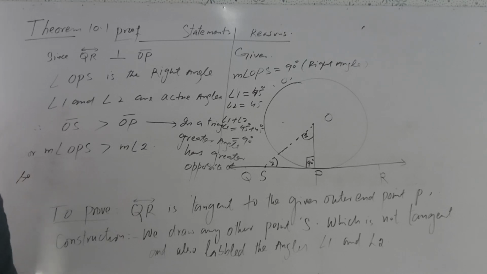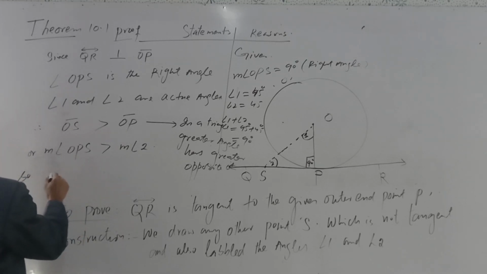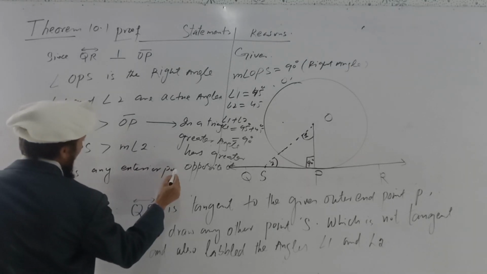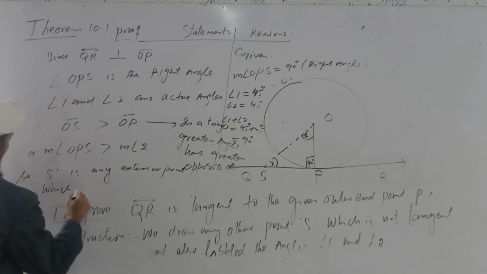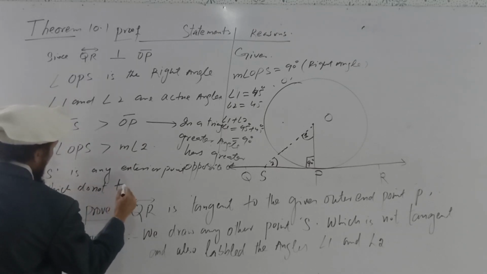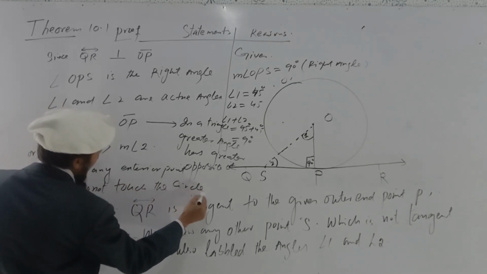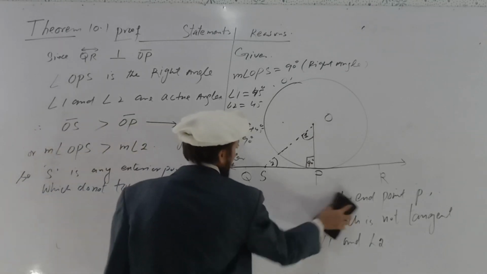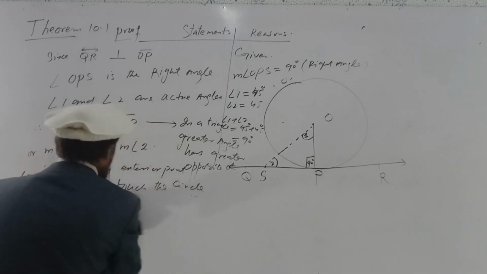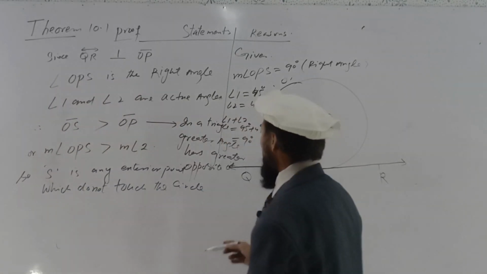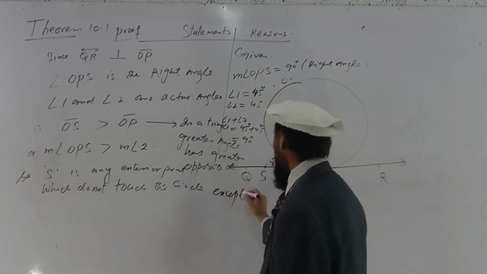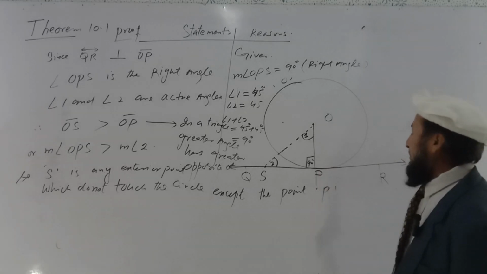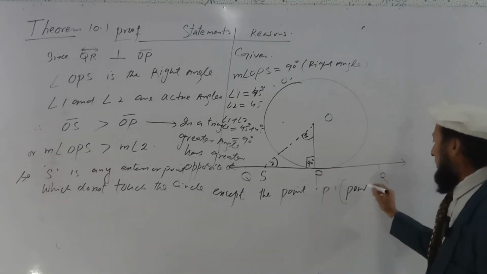So here S is any exterior point which does not touch the circle, except the point P. Only P is the point of contact.